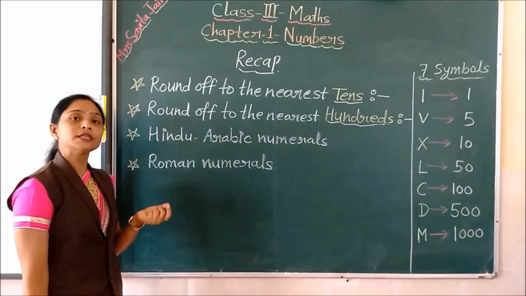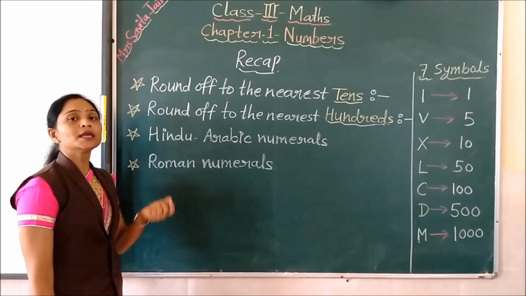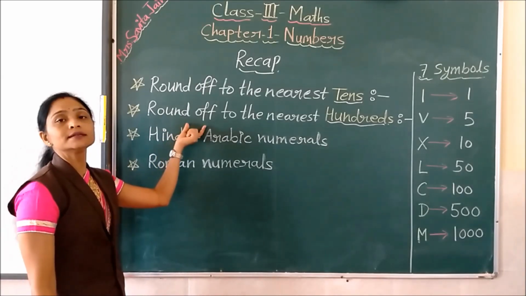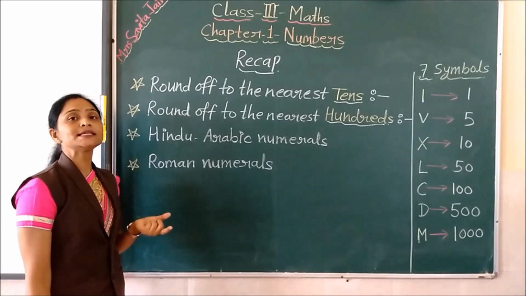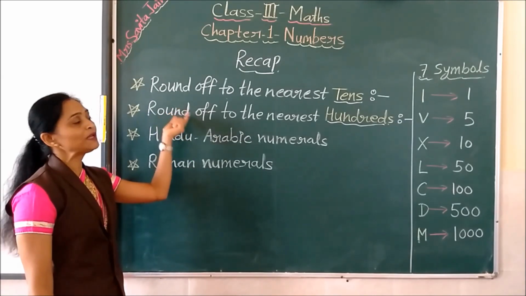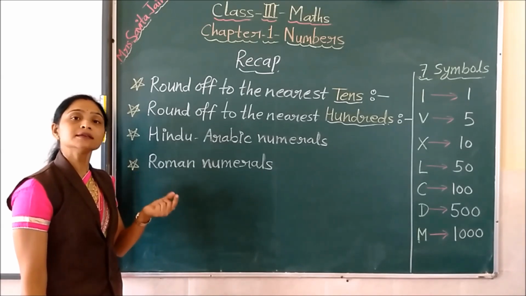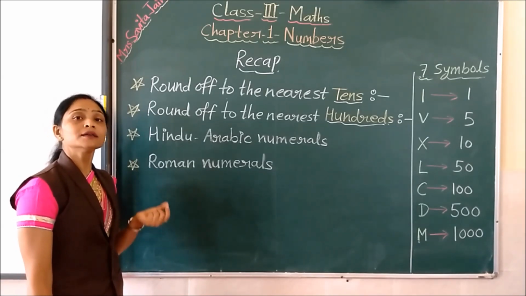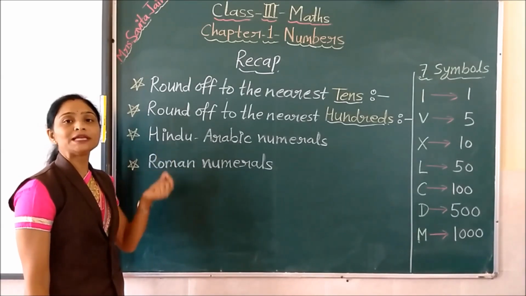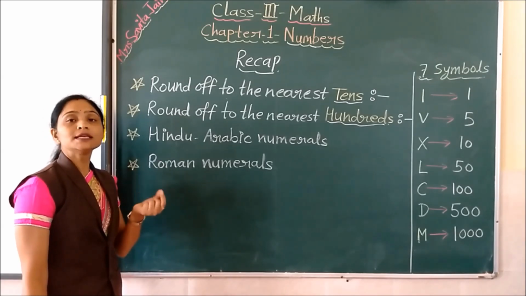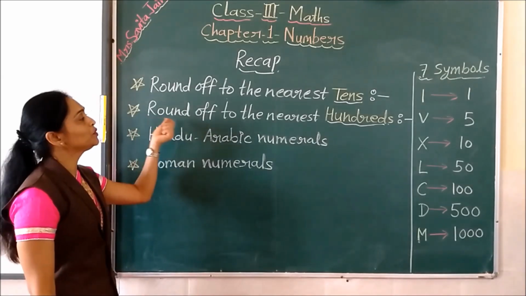Yes children, and for that we have to remember if the ones place digit is less than 5, then the tens place digit will remain similar, unchanged, and if it is equal to 5 and more than 5, then tens place digit will be increased by 1. So this we have to remember.